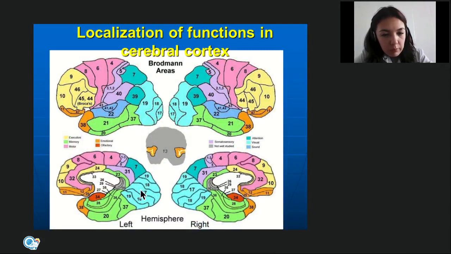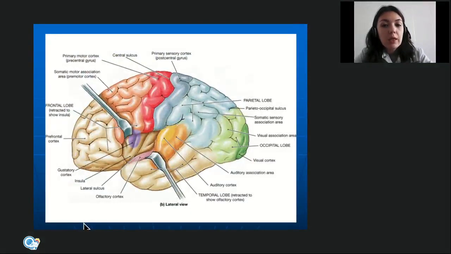So it's here, projectional cortical centers of olfaction and taste, they are located in the cortex of uncus and perihippocampal gyrus. It's here. All of these centers, they are projectional centers.